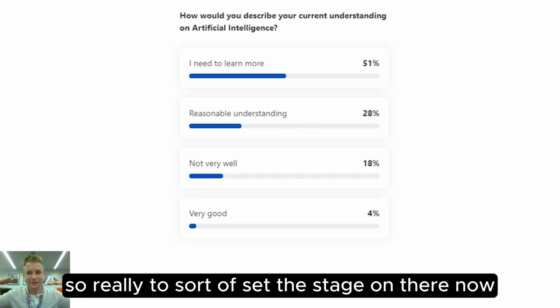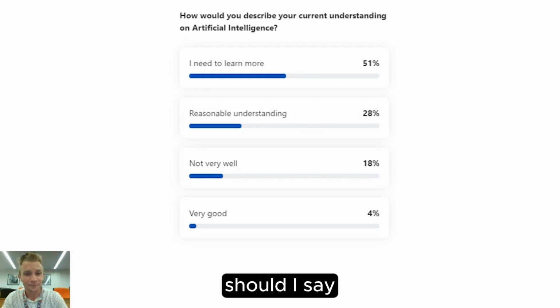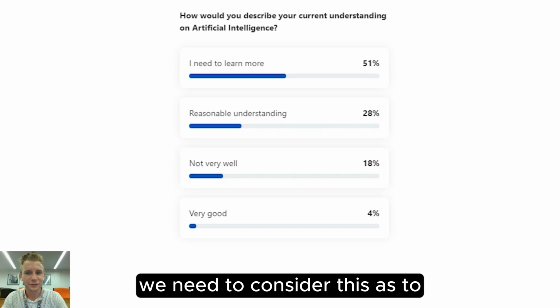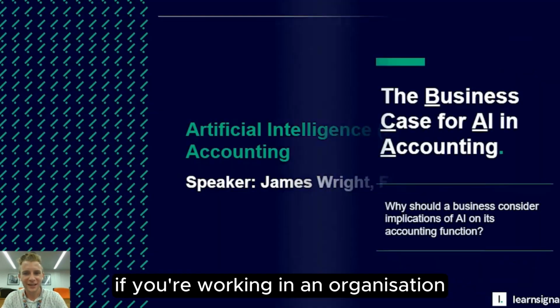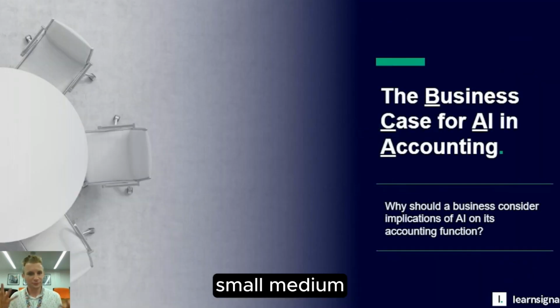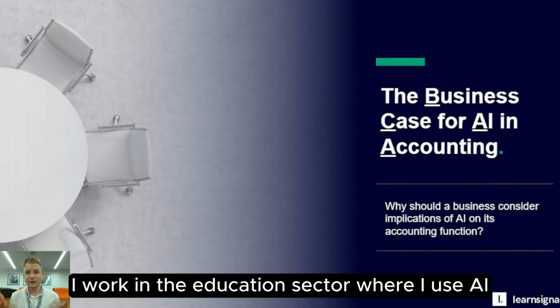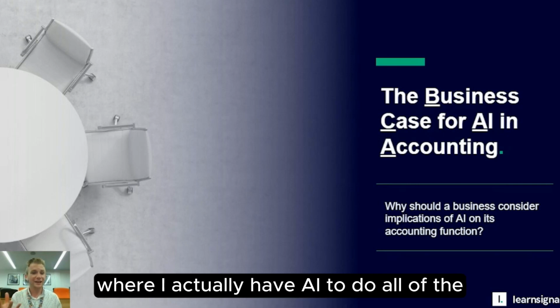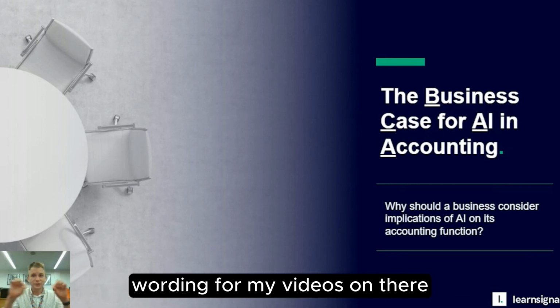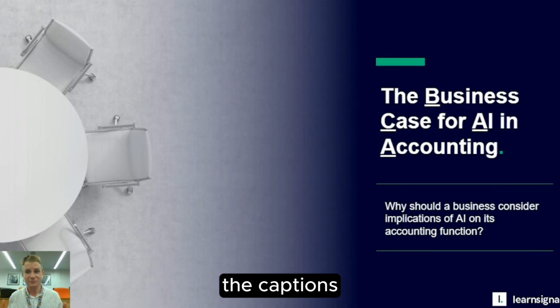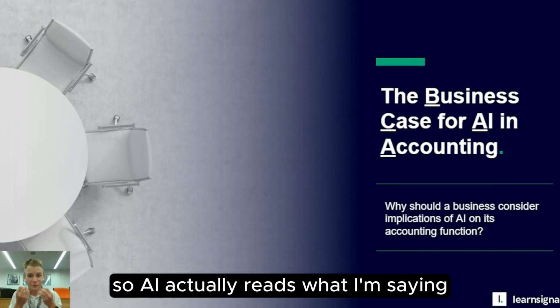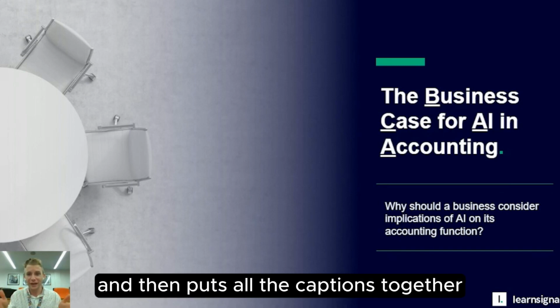To set the stage, or set my stall out, we need to consider this if you're working in an organization, whether a small, medium or large enterprise, or maybe your own business. I work in the education sector, where I have AI do all of the wording for my videos, the captions. AI reads what I'm saying and puts all the captions together.